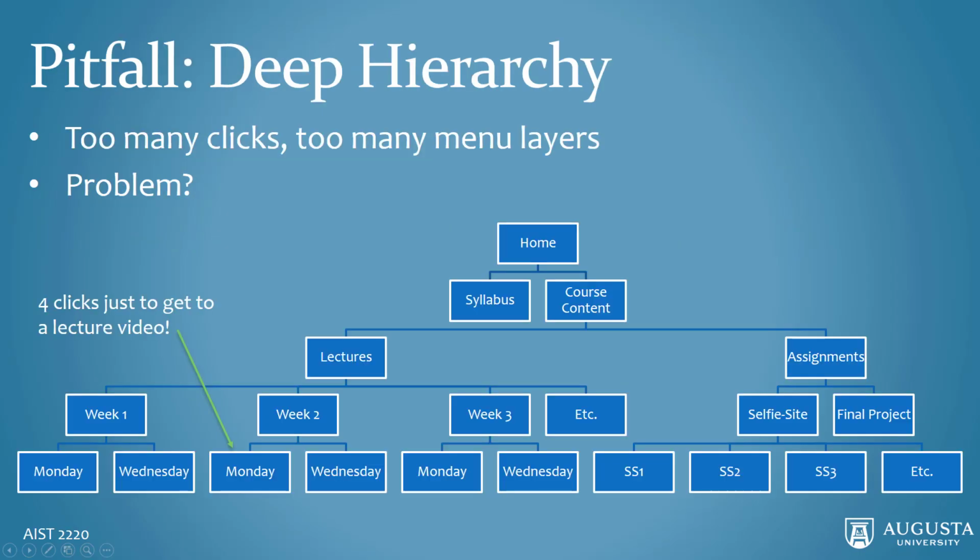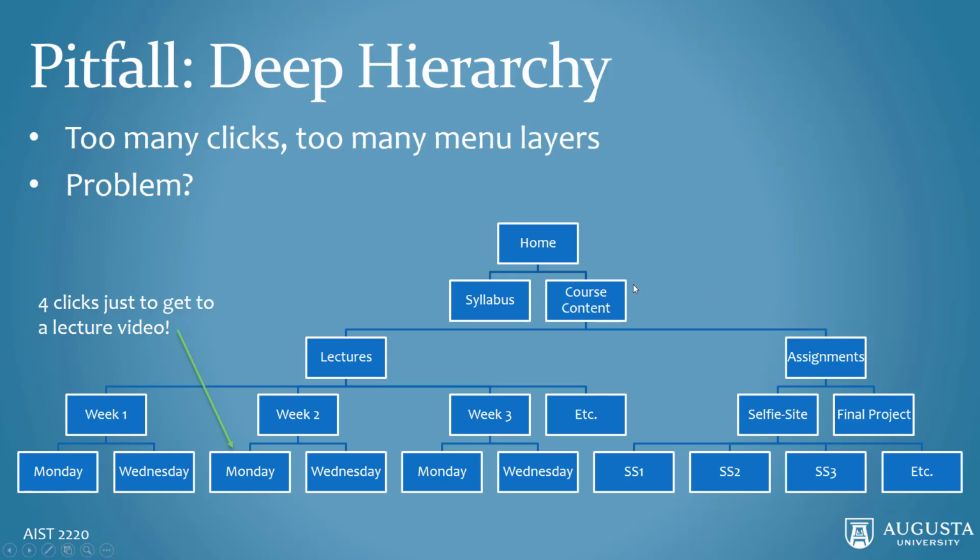the navigation system. Okay, earlier we discussed the issue of a shallow hierarchy, but now let's look at the opposite problem, a deep hierarchy. In this example, there are too many clicks and menu layers to navigate through. Let's say a user wants to access a specific lecture video from week 1 on Monday.